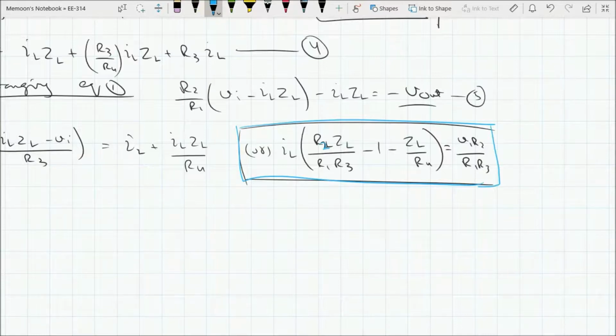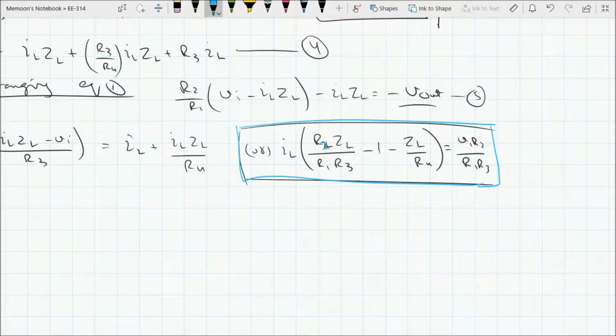What were the two targets? To relate the input voltage with our load current, and we have successfully related them independent of the other voltages or currents present inside our circuit. There are just some values of resistances R1, R2, R3 and R4, and those are selected by us.